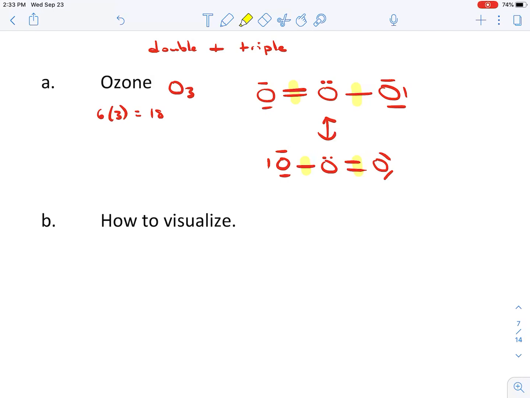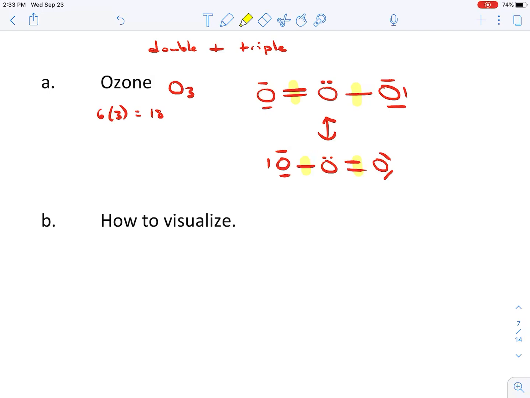But they've actually got tests that can tell how long a bond length is, and they know these bonds are not the length of a single oxygen-oxygen bond, and they're not quite the length of a double oxygen-oxygen bond, so they know it's somewhere in between, and that's how they know it's like 1.5, and that's also how they know that resonance exists.